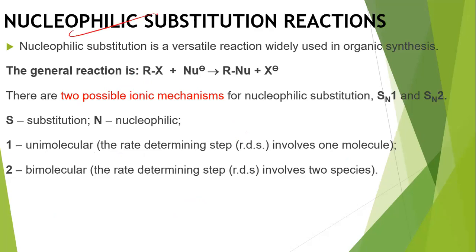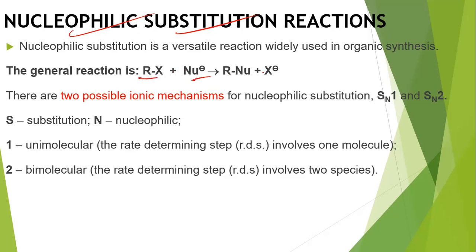Good. So then, nucleophilic substitution reaction. We first of all said that it will be attacked by a nucleophile, so nucleophilic. Substitution means the nucleophile is replacing something else, right? Nucleophilic substitution is a versatile reaction widely used in organic synthesis. The general reaction is RX plus the nucleophile.